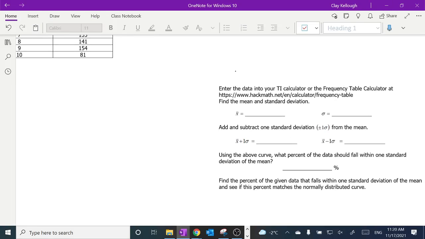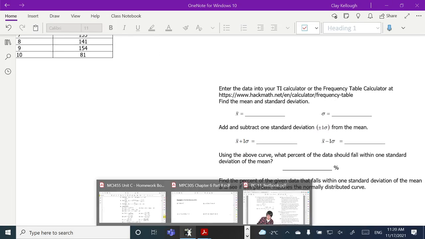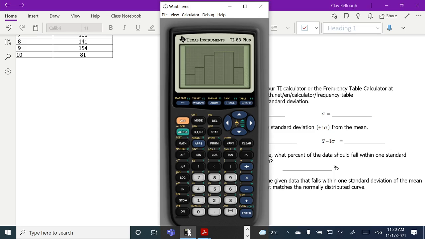Okay, so calculator first. I already have this data in my calculator, right? It's list 1 and list 2. So I'd like to find mean and standard deviation. Do you remember how to do that? You go to stat, calc. It's one variable statistics. We're only measuring one thing: what's the size of somebody's shoe?